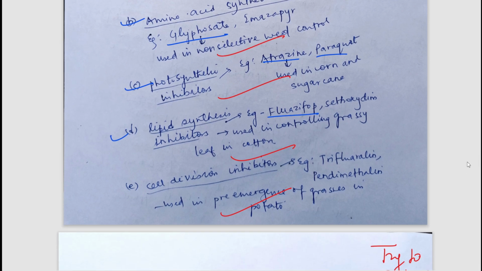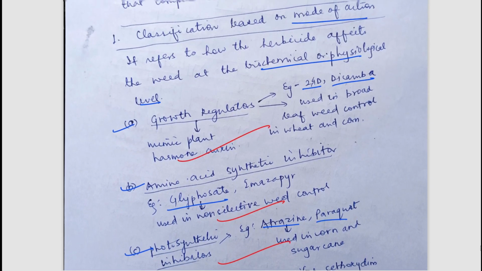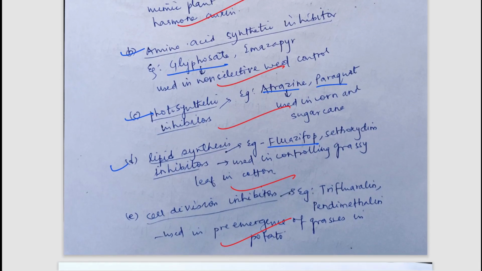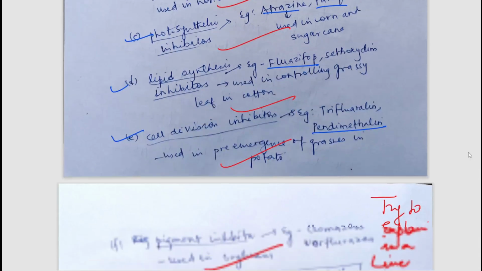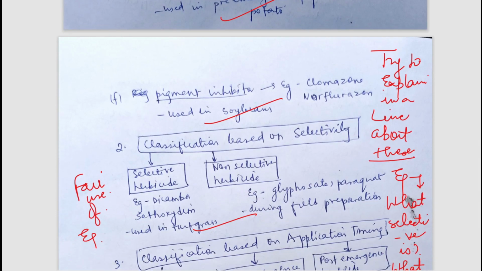These are some of the common herbicides based on mode of action. You can pause the video and read it if you want to. Cell division inhibitors are also there, for example pendimethalin. Now let's move on. Pigment inhibitors are there, such as clomazone.